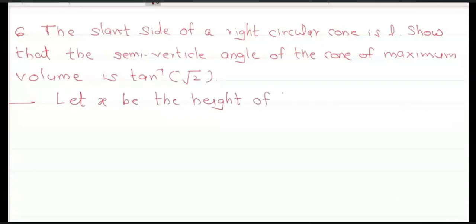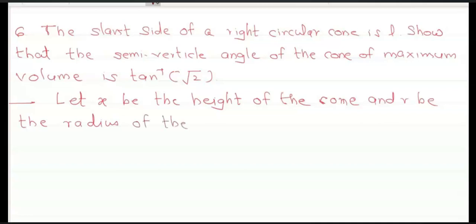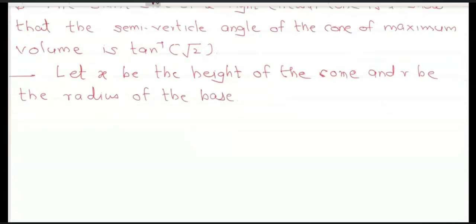For the angle tan inverse, we require the opposite side and the adjacent side of the semi-vertical angle. That's why we want to find its radius and height. Let x be the height of the cone and r the radius of the base.